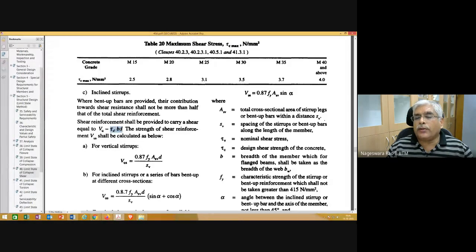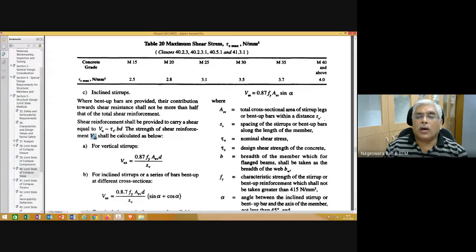That is going to give you an idea about how much shear force that particular section can withstand. And Vu is the actual shear force coming at that particular section. So you need to provide shear reinforcement for the difference between these two. And the difference between these two, Vu minus tau c b d, is denoted with this letter Vus.